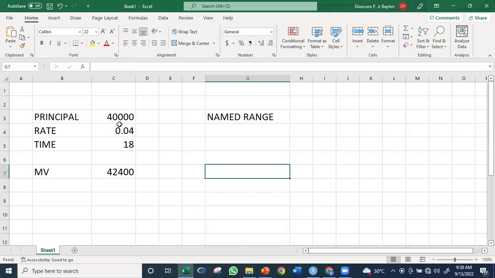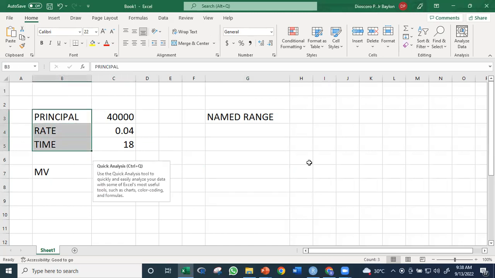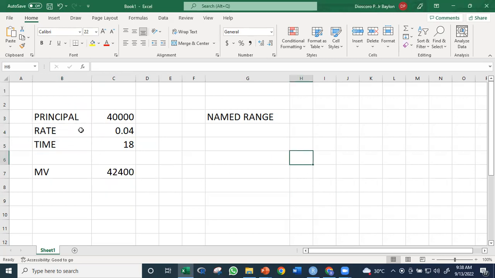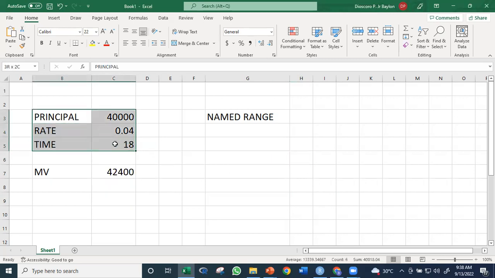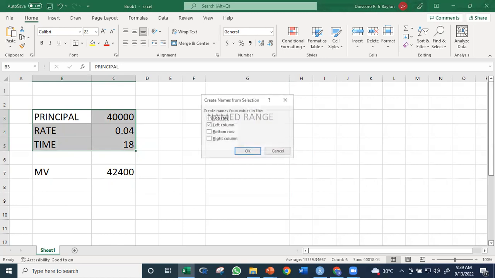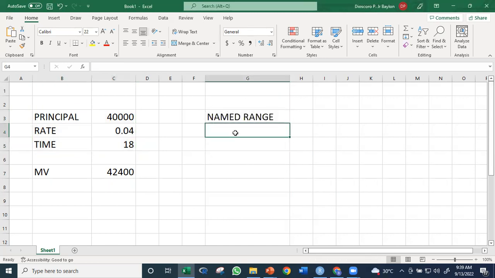But if your data is arranged this way, so that the names are on the left side or on the right side or wherever, I could have highlighted this and typed Control plus Shift plus F3.